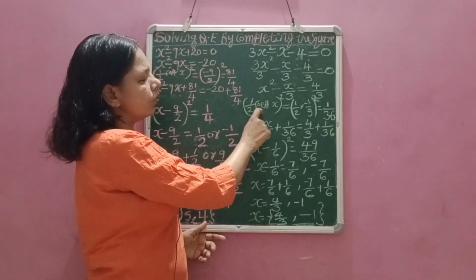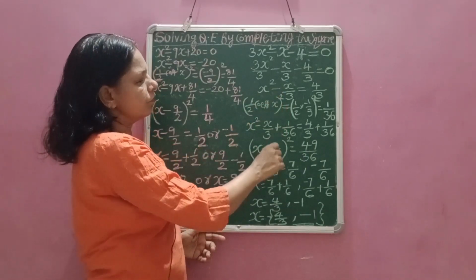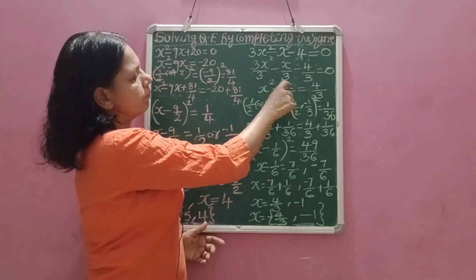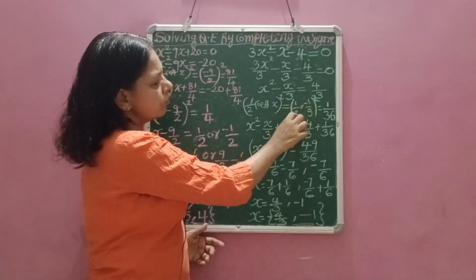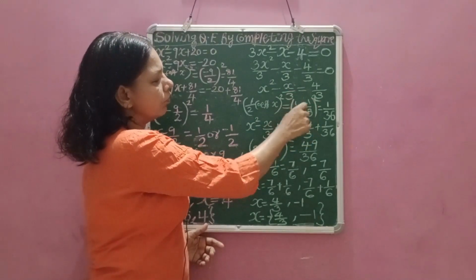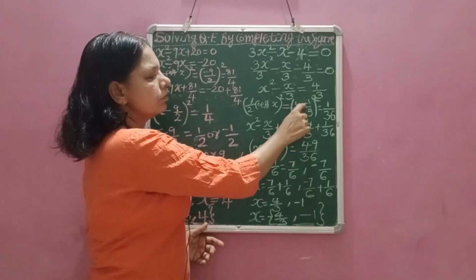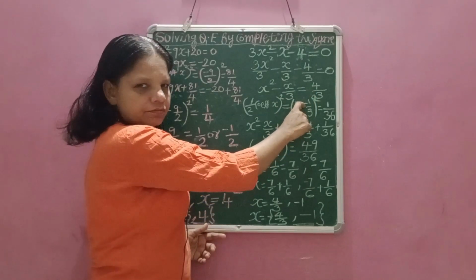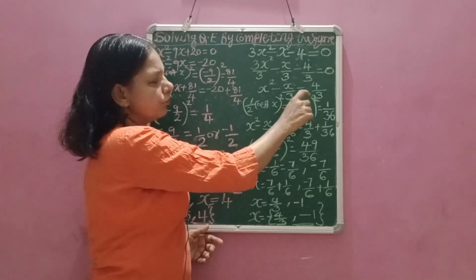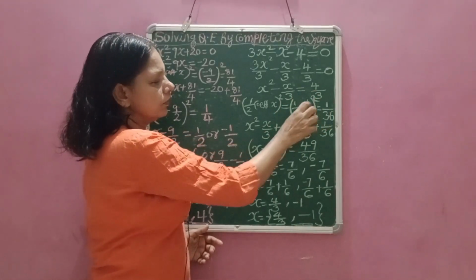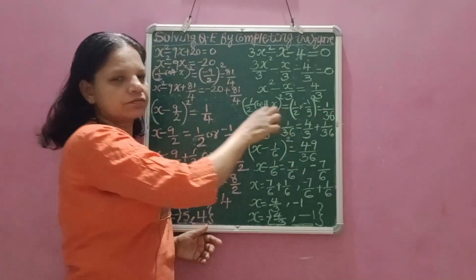Now find half the coefficient of x the whole square. What is coefficient of x here? Minus 1 upon 3. Half into minus 1 upon 3, the whole square. So in numerator minus 1, denominator 6. Square of minus 1 is 1, square of 6 is 36.